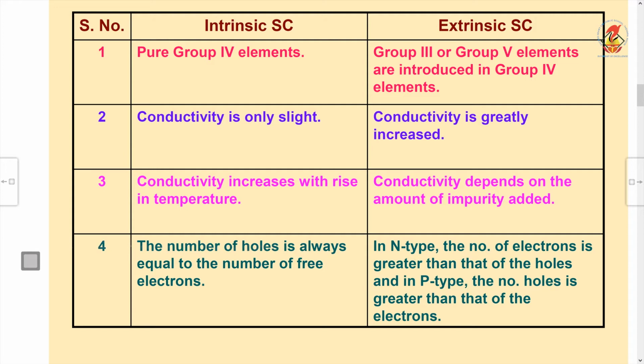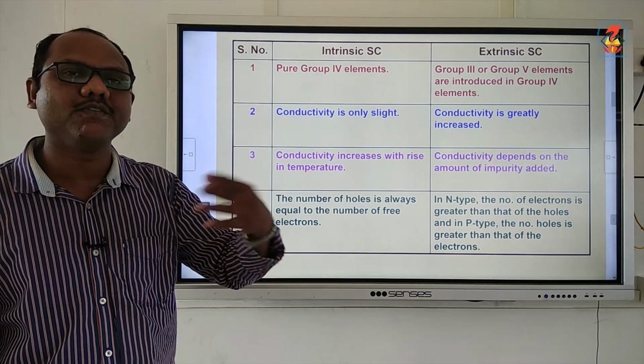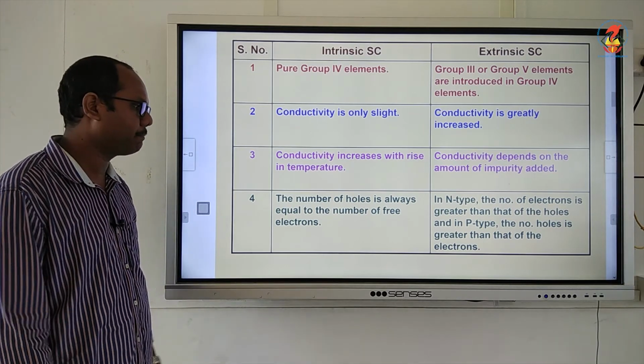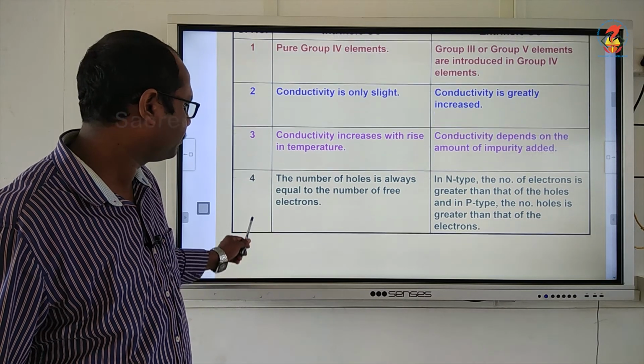Here conductivity increases with the rise in temperature, and here conductivity depends purely on the impurity added. So we can add the impurity and control the conductivity. That is the idea behind extrinsic semiconductor. And here Ni equal to Pi always, and there we can control Ni and Pi depending upon the doping. So copy these 4 points.